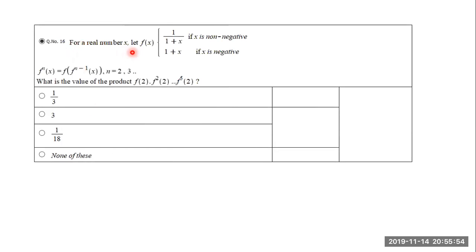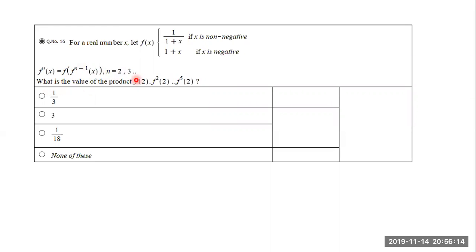You understood? Now, here you see this. For a real number x, let f of x be equal to 1 by (1 plus x) if x is non-negative and 1 plus x if x is negative. What is f n of x? F1 of x is equal to f of f(n minus 1) of x for n equal to 2, 3 onwards.